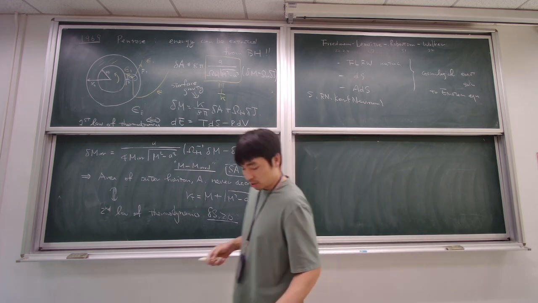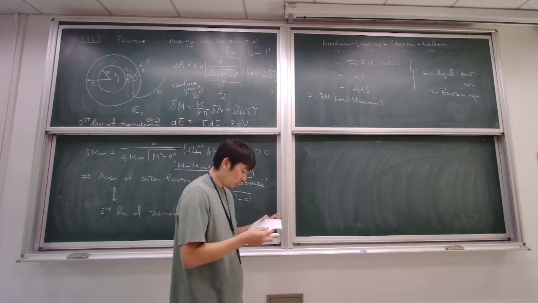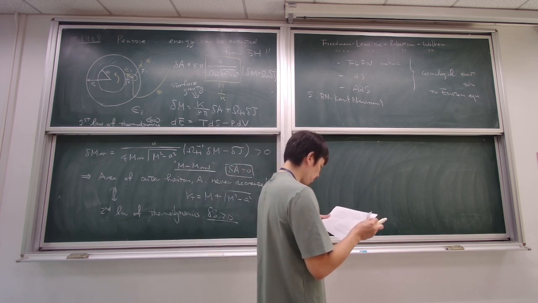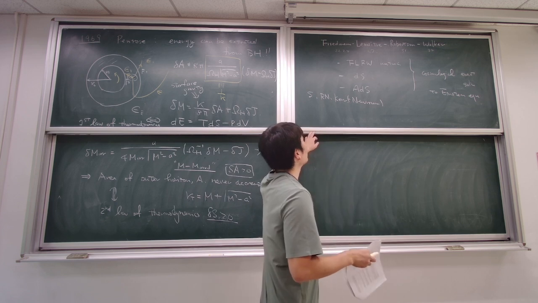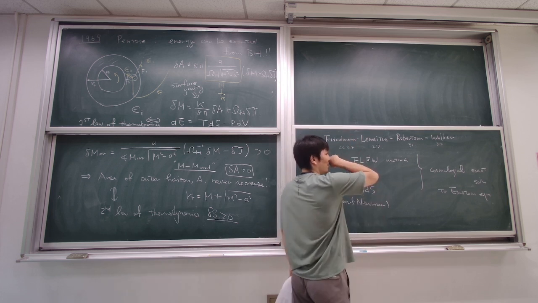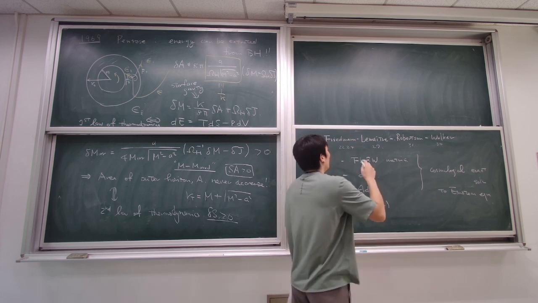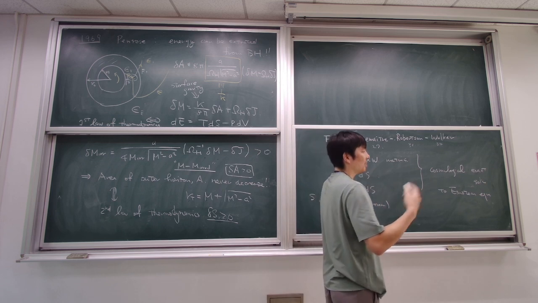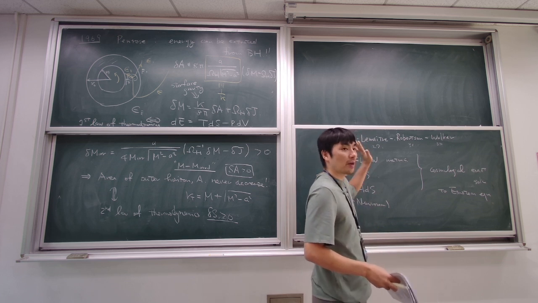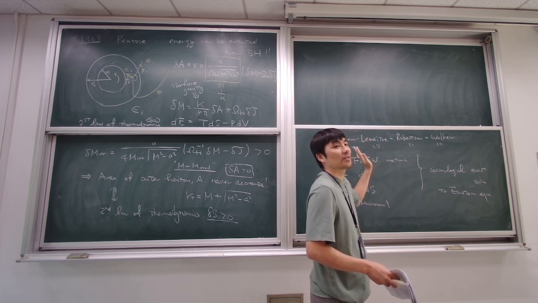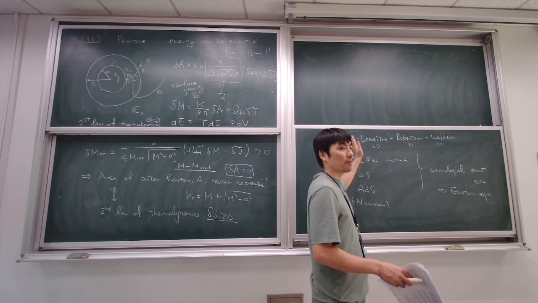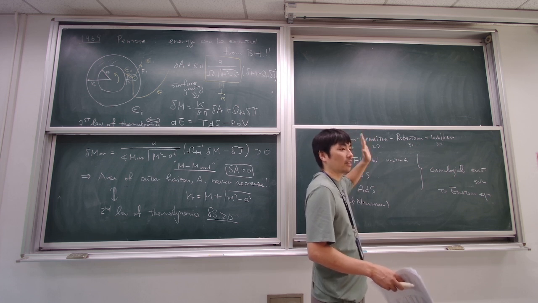Friedmann-Lemaitre-Robertson-Walker metric. Friedmann is from the Soviet Union. After he wrote a paper on this homogeneous isotropic universe, in 25 he died.